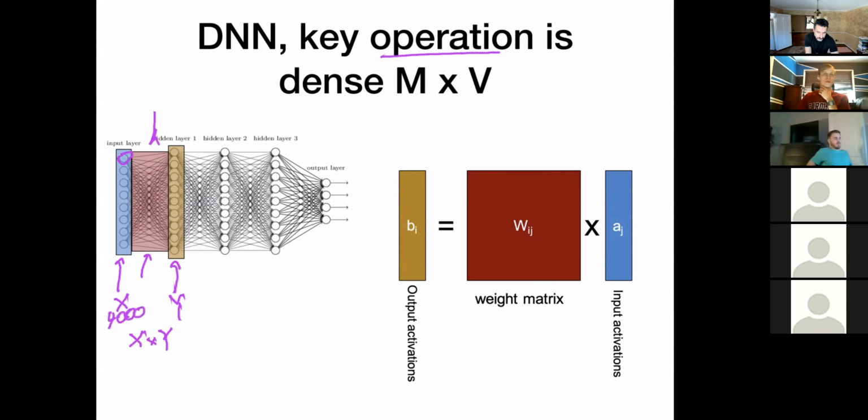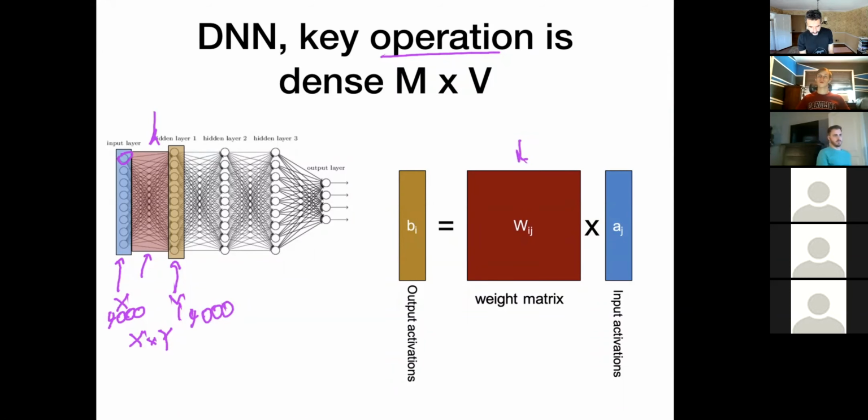And imagine in a normal neural network for image processing or whatever, if you have 4,000 units in the input and 4,000 units in the output, how many weights do you have? It's 16 million, right? So it is a large matrix that you have as a result.